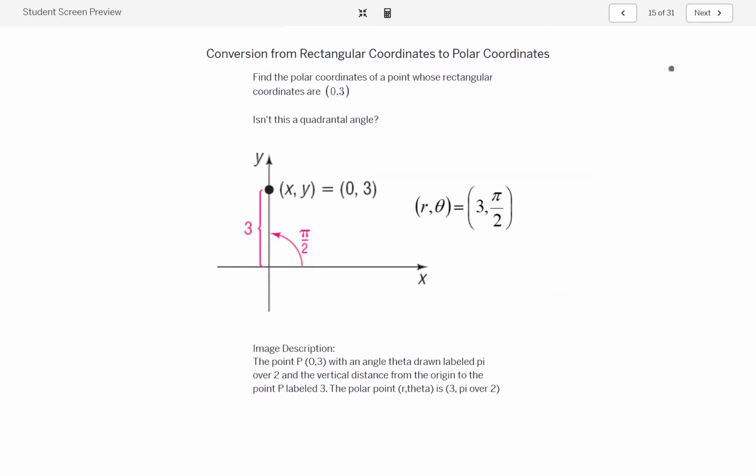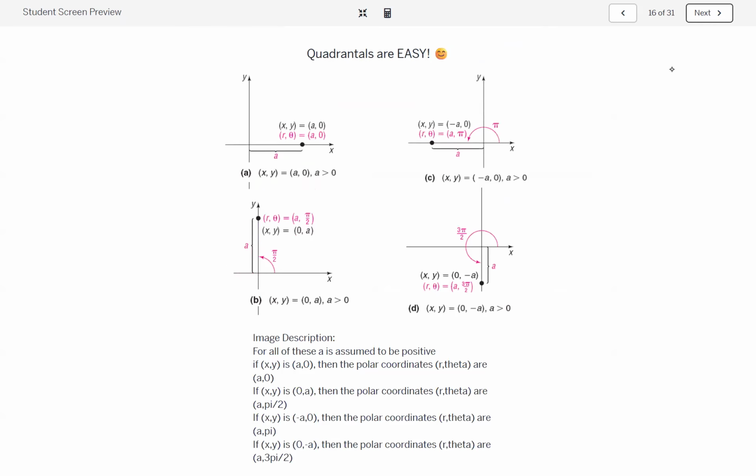So now we're looking at going through the calculation backwards. If we're being given a rectangular point, how do we convert back to the polar point? This is where things get a little more interesting. Slide 16 here is a list of all the quadrantal angles. These are when the angles are going to be the cardinal directions, 0, pi over 2, pi, and 3 pi over 2.